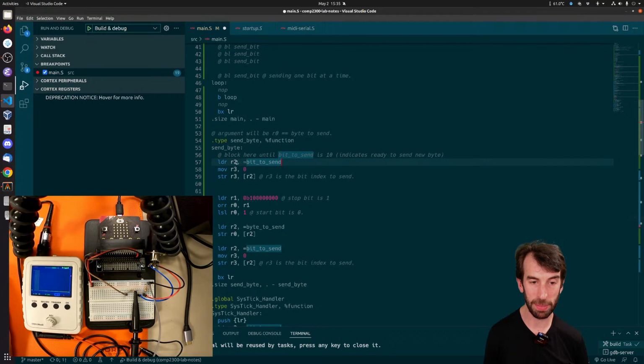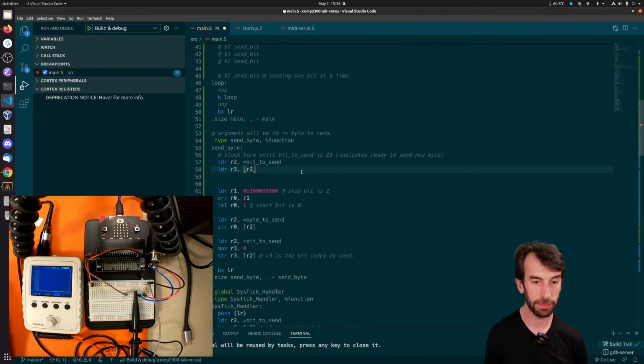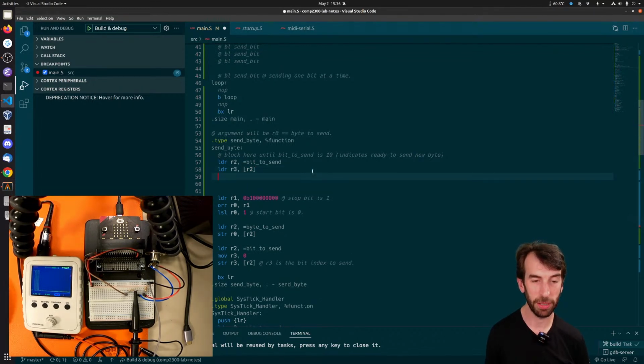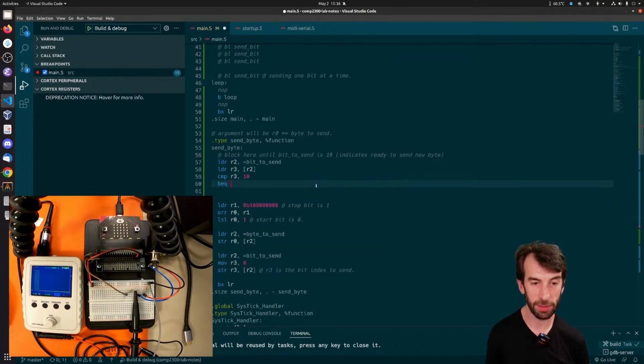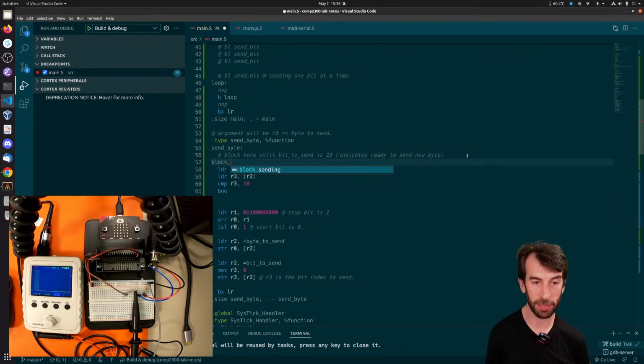So I'll load up my bit to send into R3, R2. And then I'm going to do a compare, R3, 10, and BNE. We'll go back to the top, block byte. If it's not equal to 10, don't go anywhere.